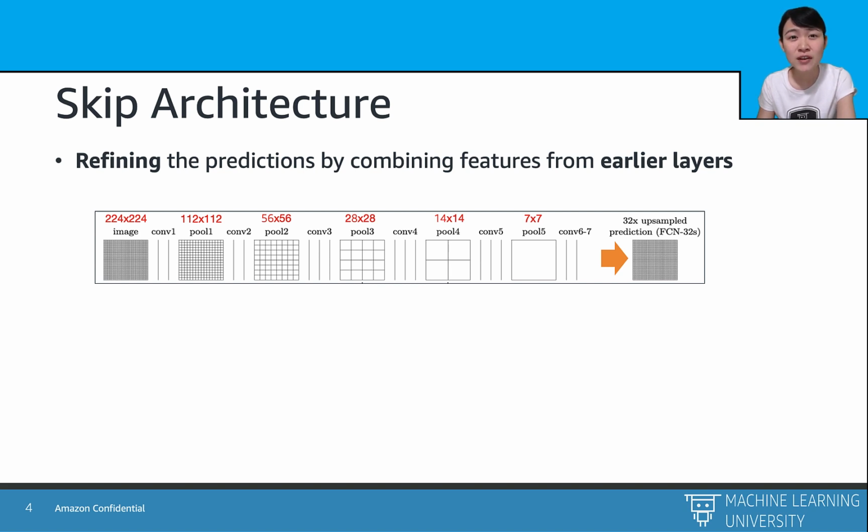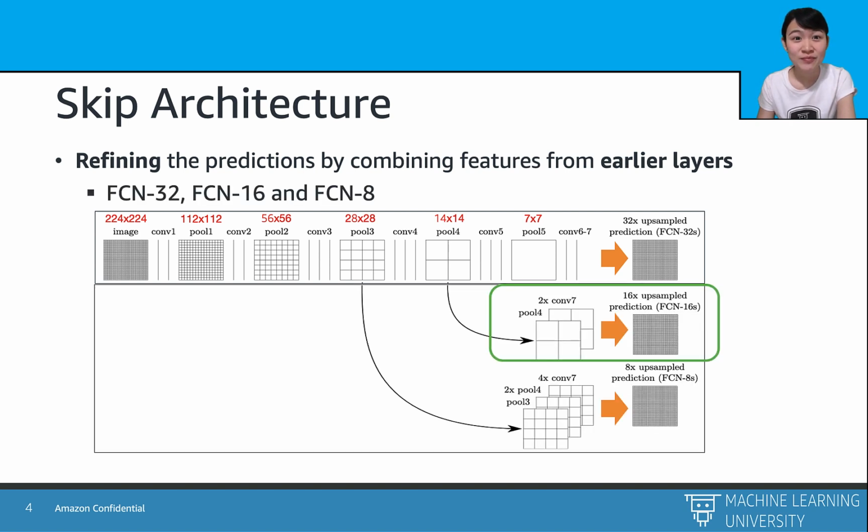FCN also applies a trick called skip architecture that takes advantage of the full feature spectrum. The skip architecture uses the feature hierarchy to combine deep, coarse, semantic information and shallow, fine appearance information.